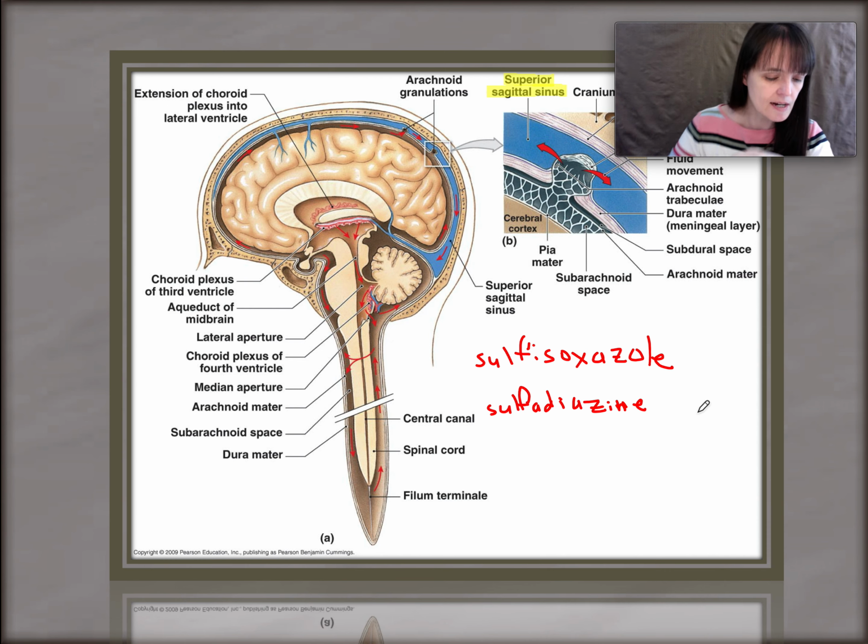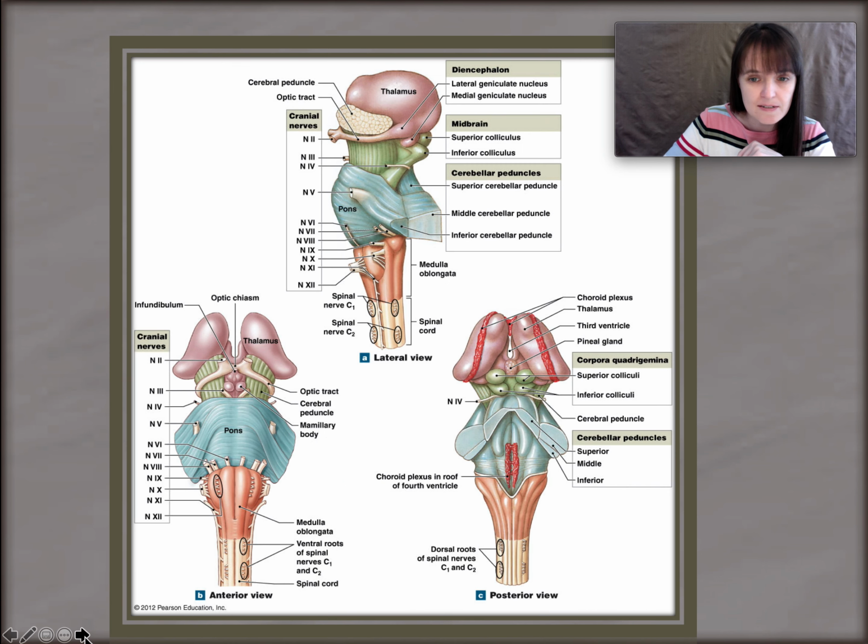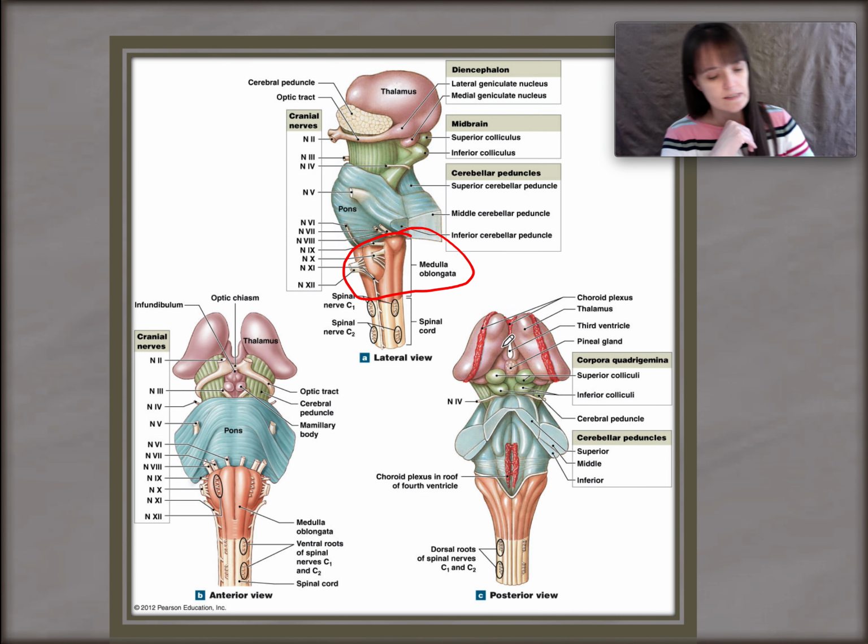Next, the medulla oblongata. So here's the pons that makes this the medulla oblongata. See if we have a picture on the next slide. There we go. The medulla oblongata, which is this chunk right here, is the most inferior of the brain regions.